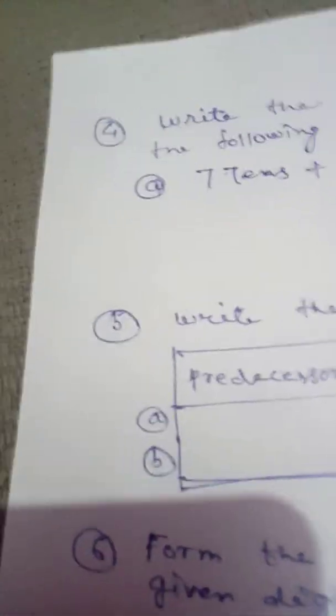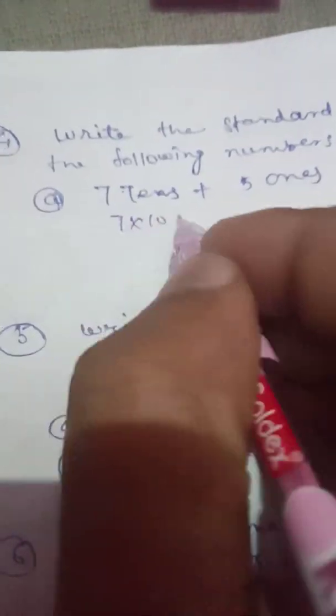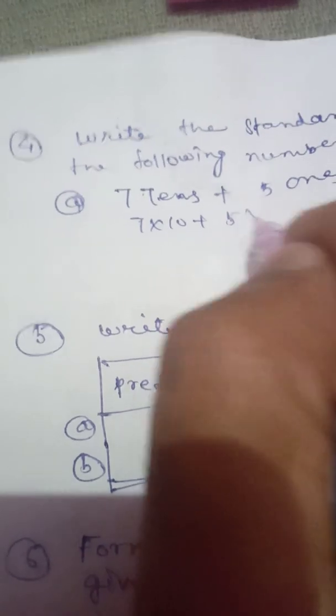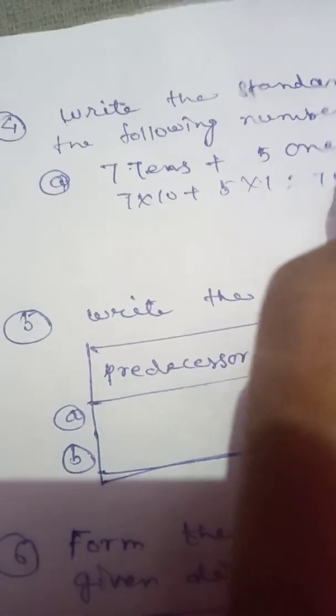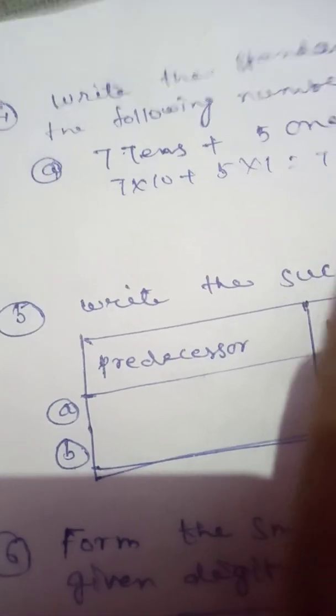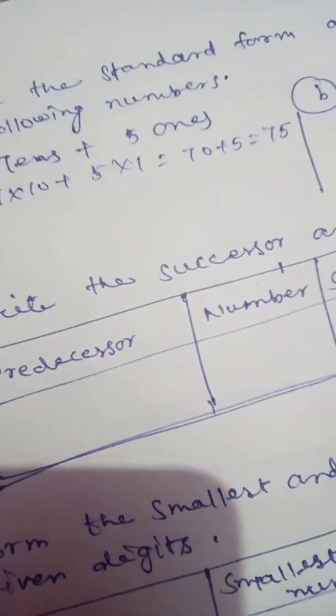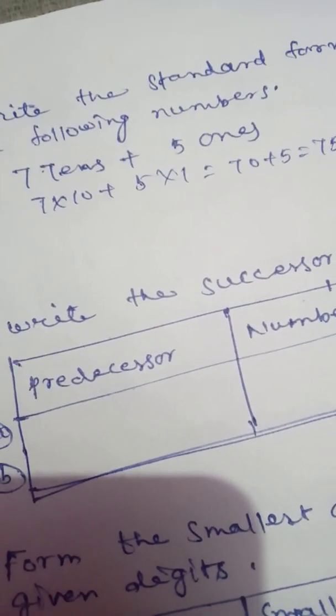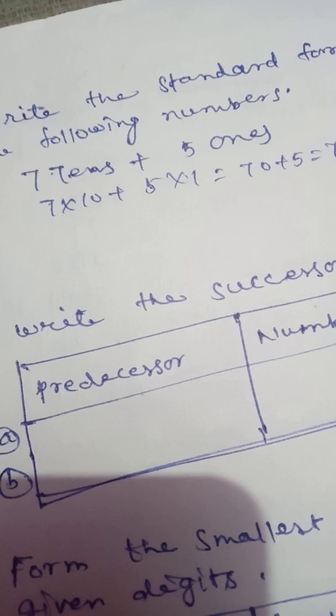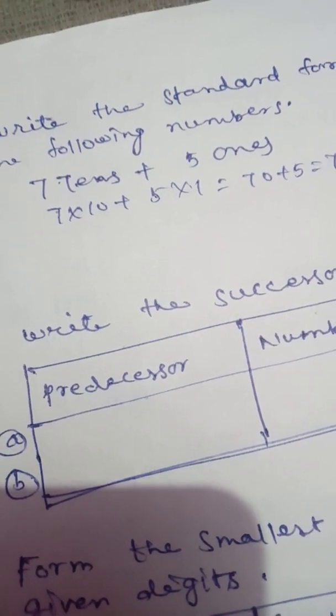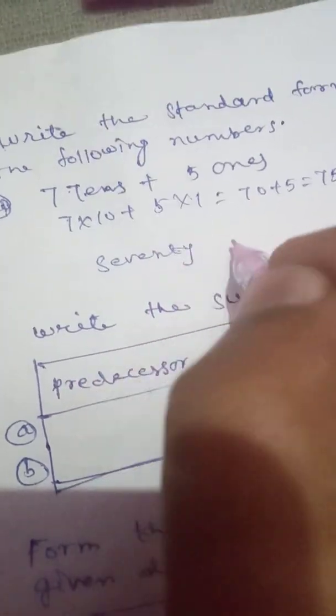So 7 into 10 plus 5 into 1 is equal to 70 plus 5 is equal to 75. And this number should be written in word form as 75.